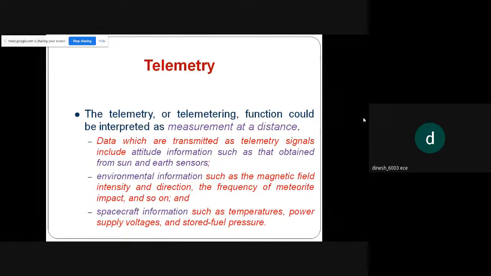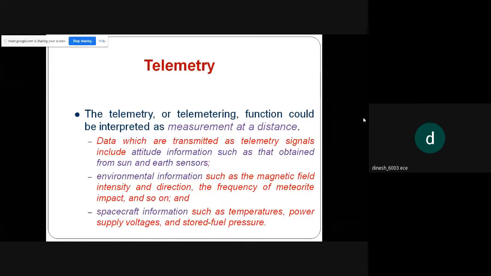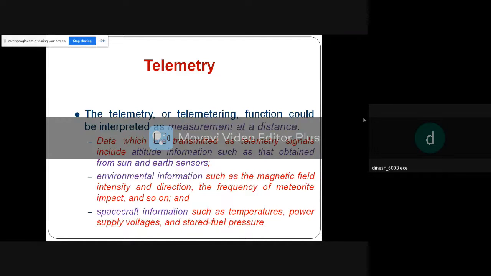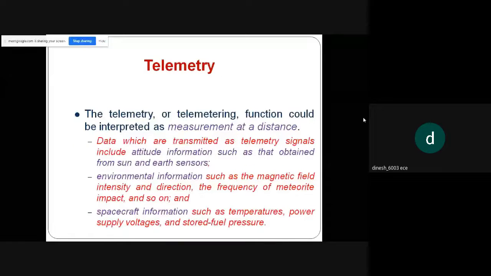The data transmitted as telemetry signals include attitude information such as that obtained from sun and earth sensors, environmental information such as magnetic field intensity and direction, frequency of meteoroid impact and many more. The spacecraft information such as temperature, power supply, stored fuel pressure, all can be dealt with using this.